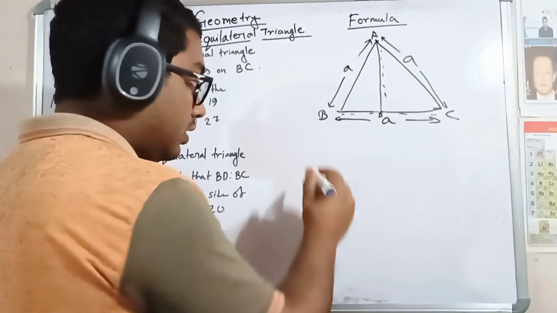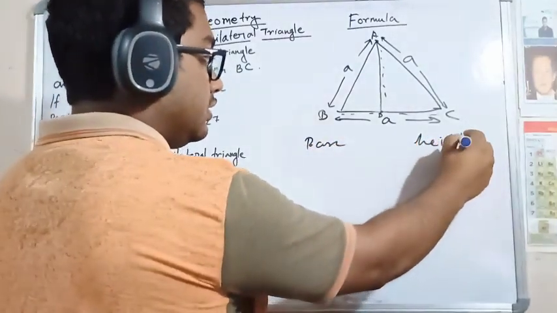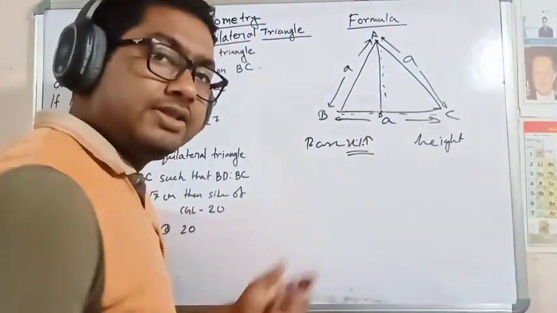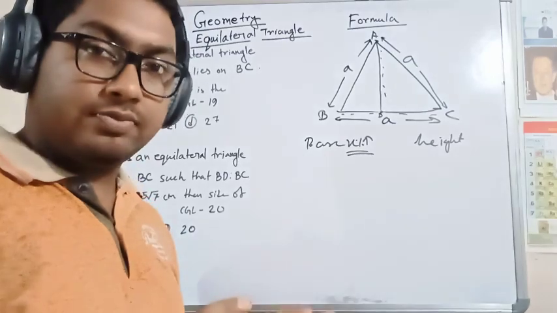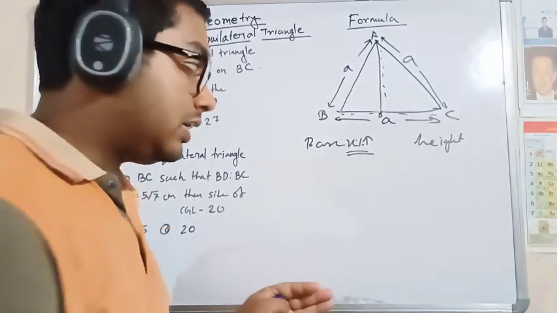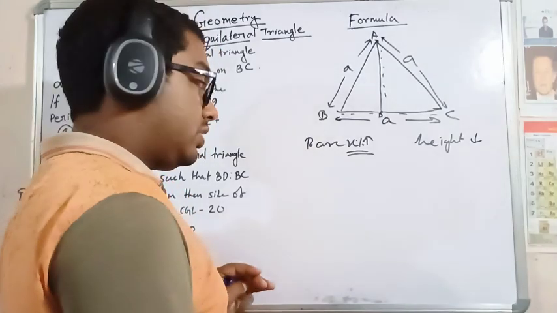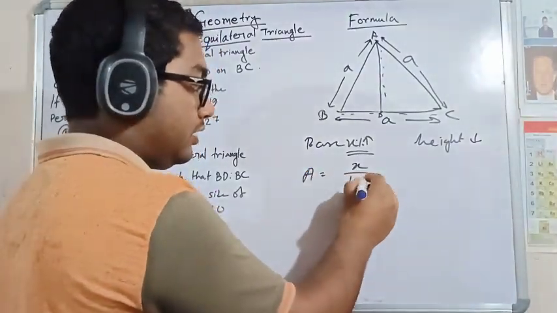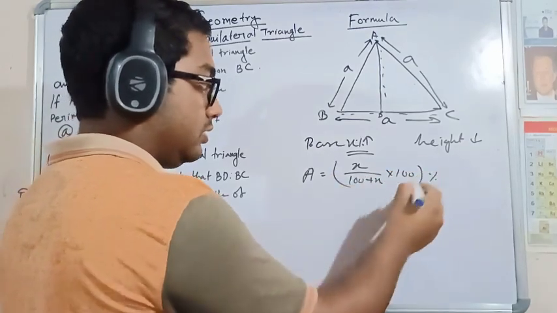Okay, after that, suppose the base increases x%, and we want the area to remain the same. Then how much does the height need to decrease? So that will be (x by 100 plus x) into 100%.